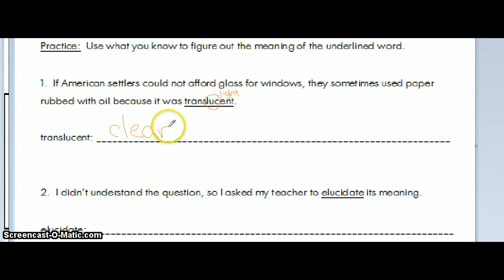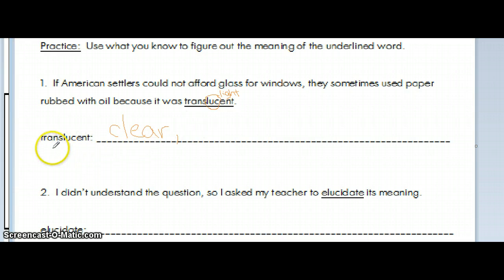But I don't want to just stop there. I want to test and see if this actually makes sense with what I know about the word. So since I know luc means light, I want to come up with a definition that uses light. So they use paper rubbed with oil because it could let the light through.